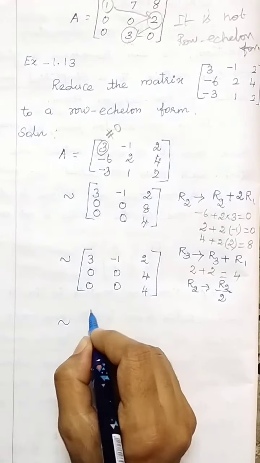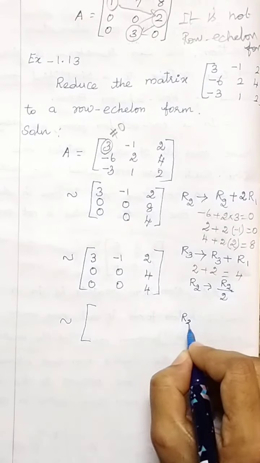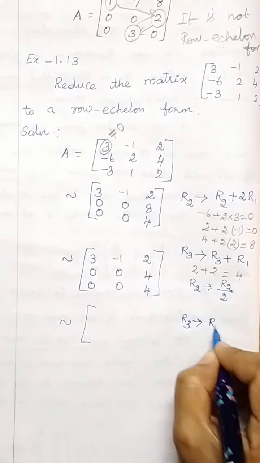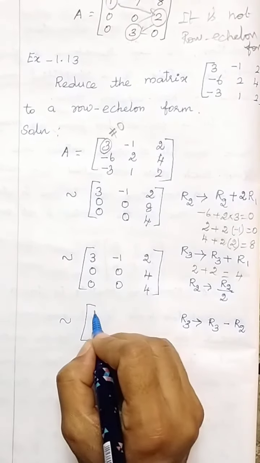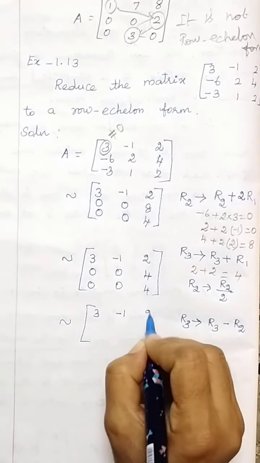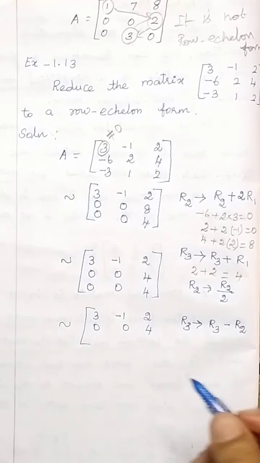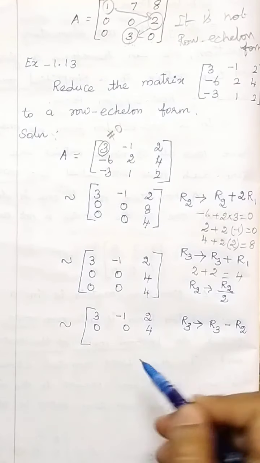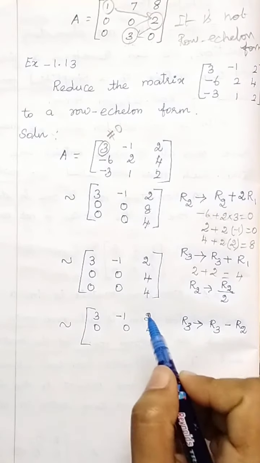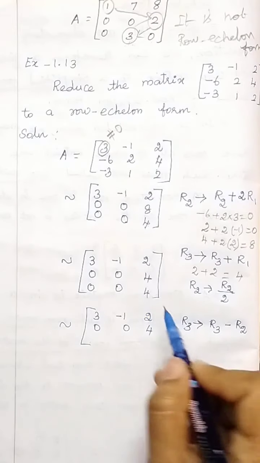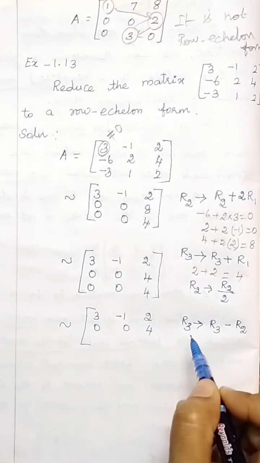Again you will use one more operation, that is R3 implies R3 minus R2, right? So 3 minus 1 2, 0 0 4, R1 R2 not changes, so as it is you write. Then R3, now we are using elementary operations in R3, so R3 values are changed.